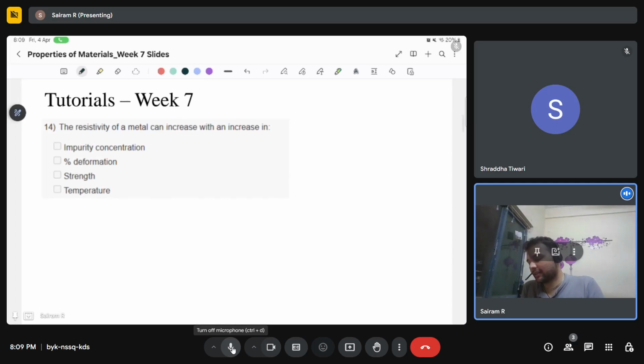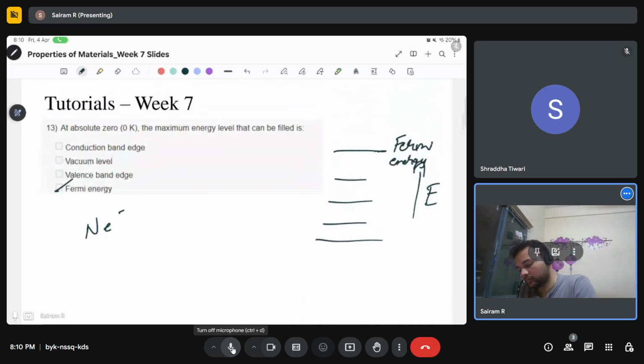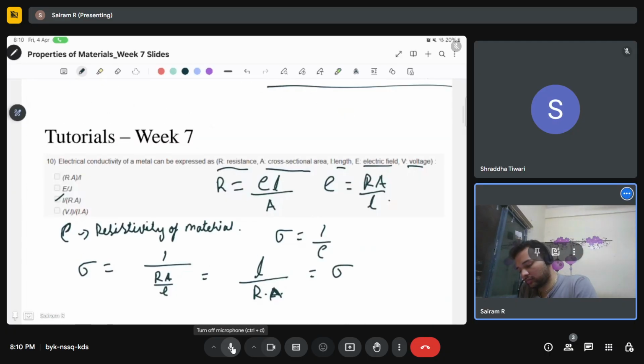The resistivity of a metal. We are talking about the resistivity of a metal. R equals rho L by A, right?